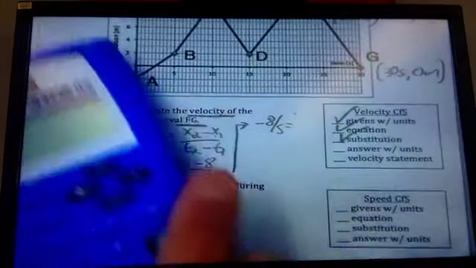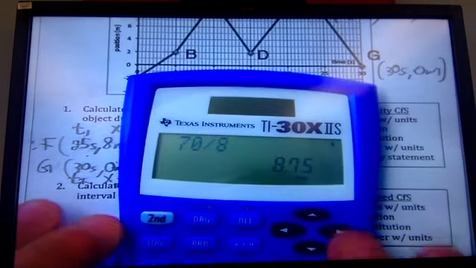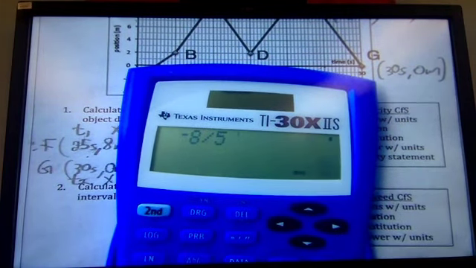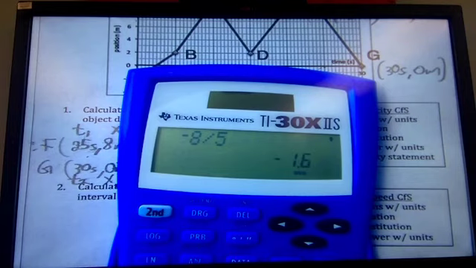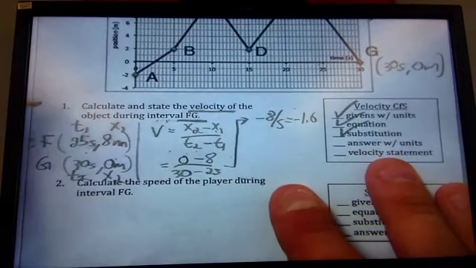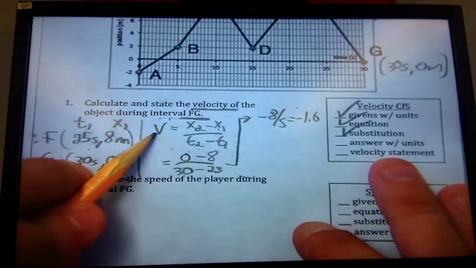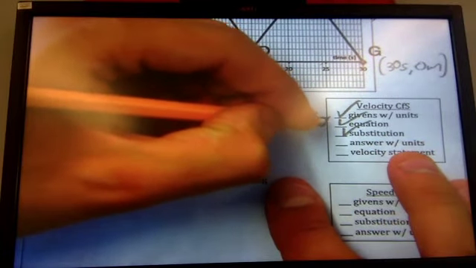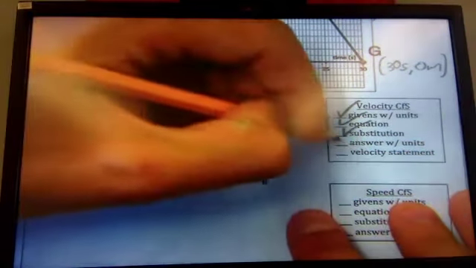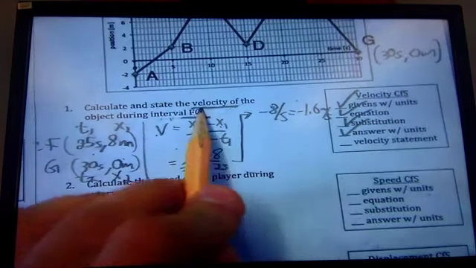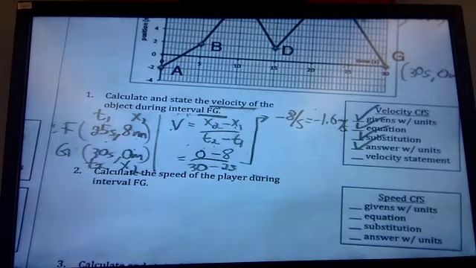Putting that into my calculator, negative 8 divided by 5, I get negative 1.6. And I know that velocity has units of meters per second, so my answer is negative 1.6 meters per second. We're not done. Since velocity is a vector, it has to include a direction, so I'm going to write it out.